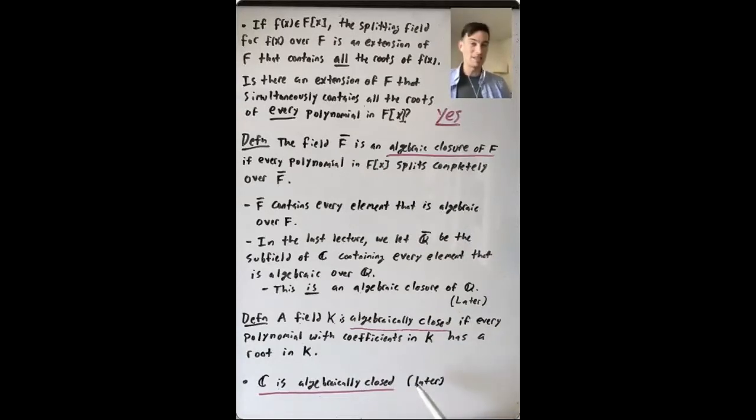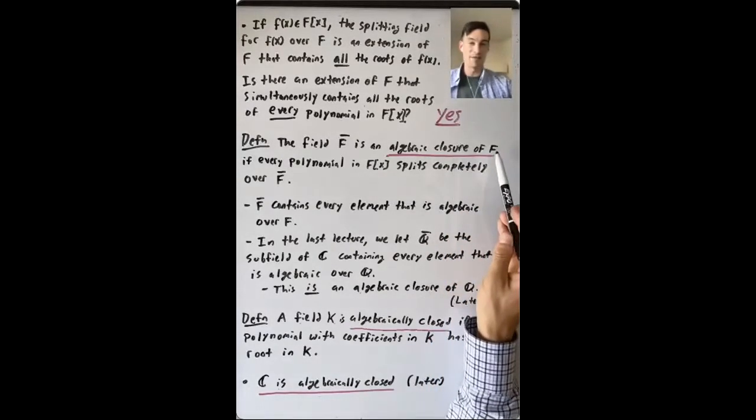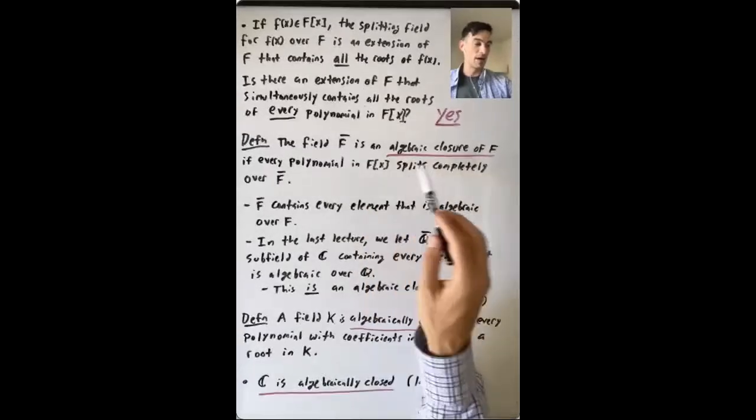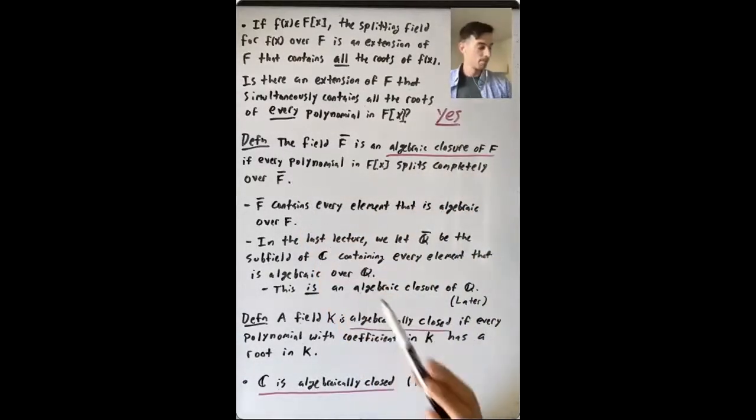So what do I want to address right now? There's a bit of a bait and switch in this definition, right? Because algebraic closure of F means that every polynomial in F[x] splits completely over F bar. But for algebraically closed, all we're requiring is that every polynomial in K[x] has one root in K. We're not saying that it necessarily splits completely in K[x], but it does.